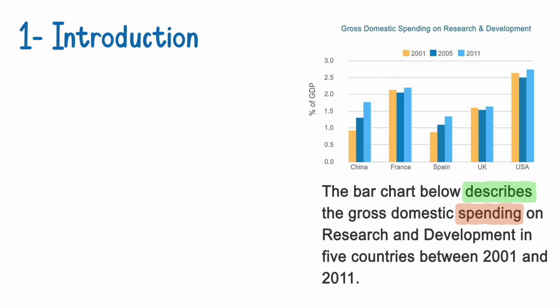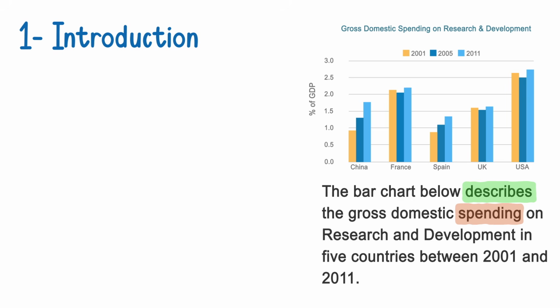And spending should be changed into expenditure, right? So when you have in the question 5 countries, the number of countries, in the introduction paragraph, you can write the names of the 5 countries, all right? And here for the dates, we have 2001 and 2011, in which in your introduction, you can change them into 2001, 2005, and 2011, all right?